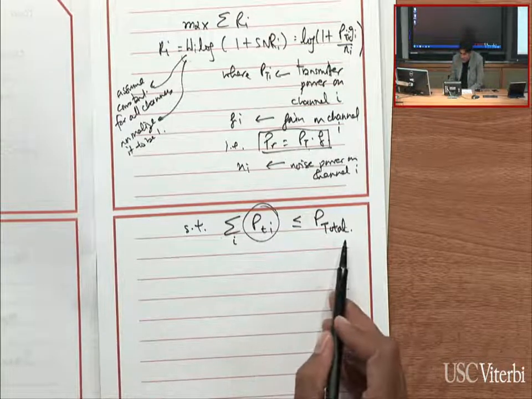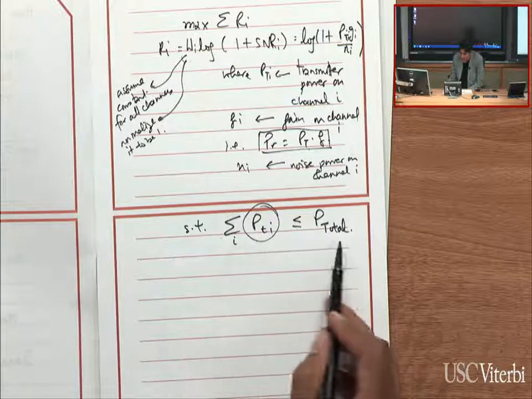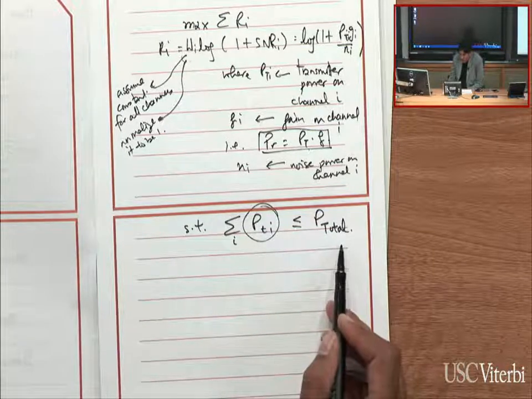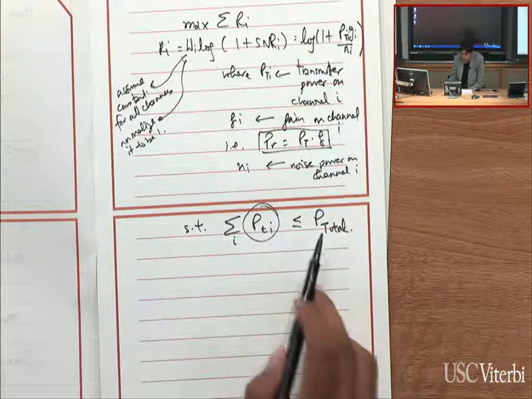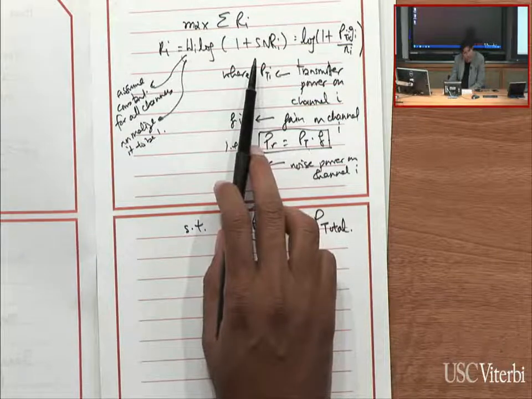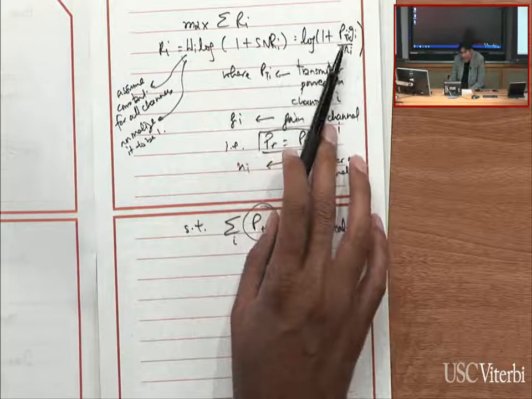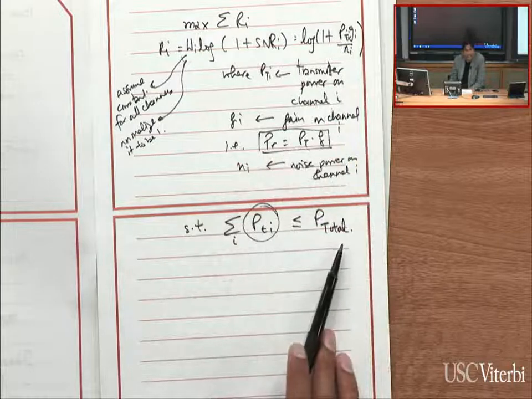So in this case, the problem's a little bit more constrained than we thought. It's not that we can choose every channel to be as strong as we want. We can do that by allocating power levels, but we must meet this constraint.